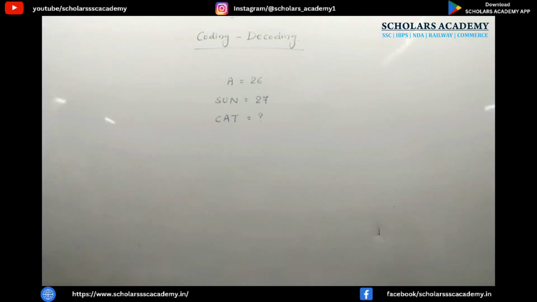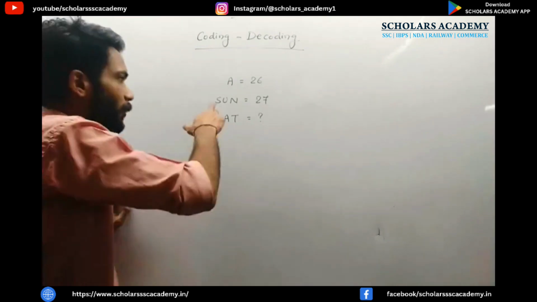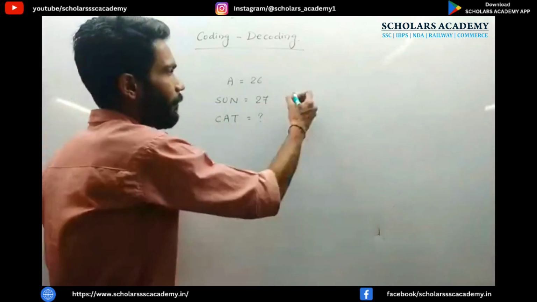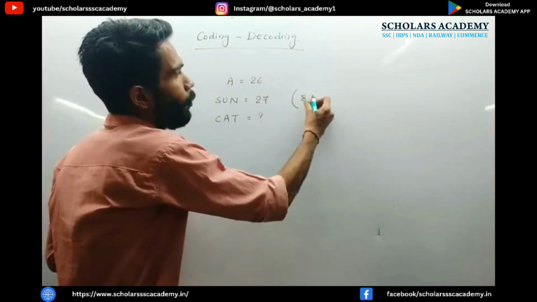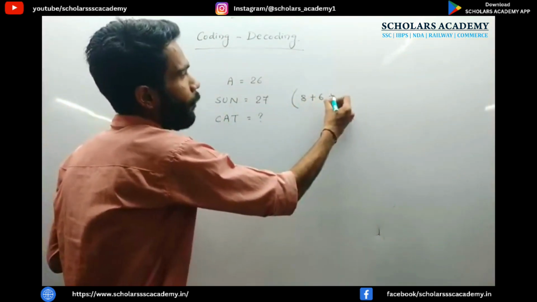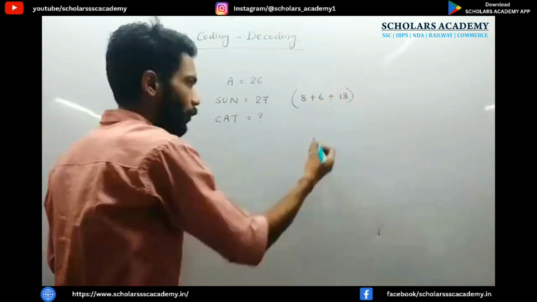Directly from the first hint you can see that you have to use the backward positions. The question is already hinting you. You can't code any other way. A as 26, there is no way to write A as 26 instead of using the reverse position. Similarly, the reverse position of S is 8. For U, it is 6, and for N, it is 13. So a total of 27.